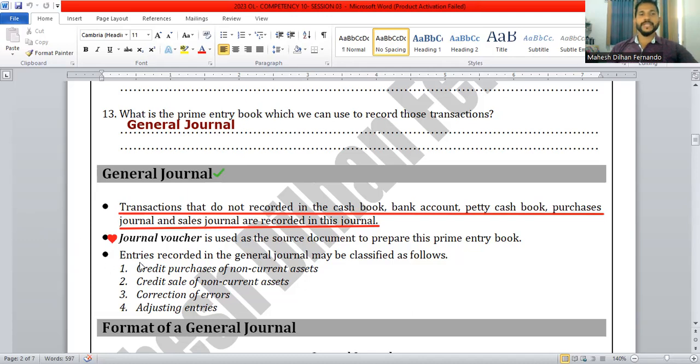Then entries recorded in the general journal may be classified as follows. Credit purchase of non-current assets, credit sales of non-current assets, correction of errors, adjusting entries, and goods drawings made by the owner.